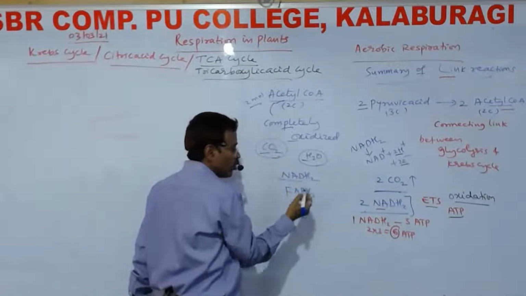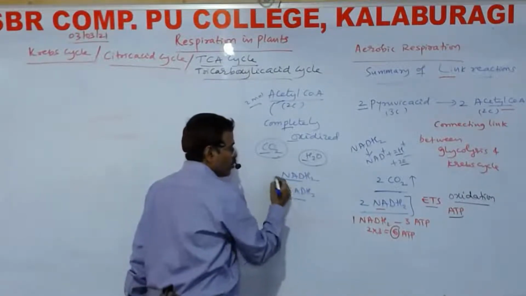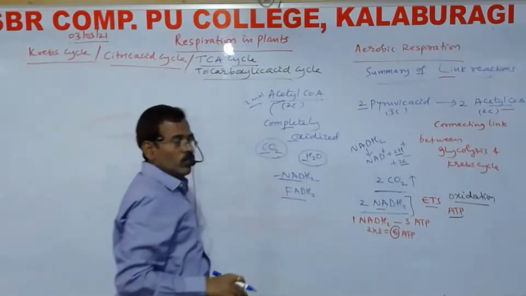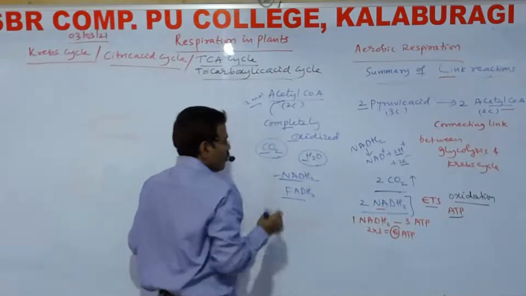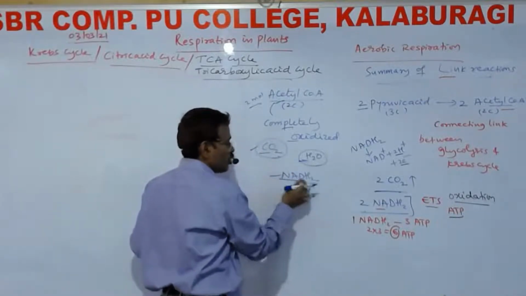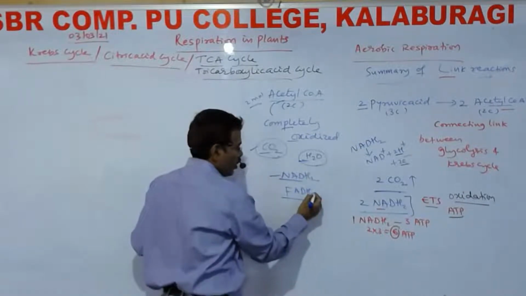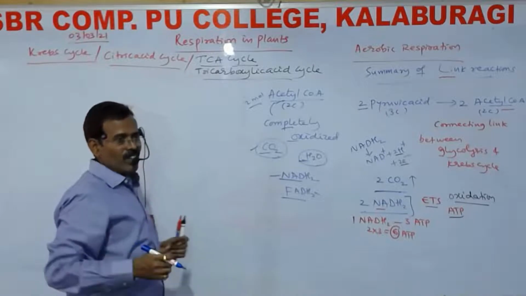NADH2 is more, FADH2 less. NADH2 production will be more here. So complete oxidation of acetyl coenzyme, resulting in liberation of carbon dioxide and formation of water, with the production of more NADH2 and FADH2, is referred to as the Krebs cycle.